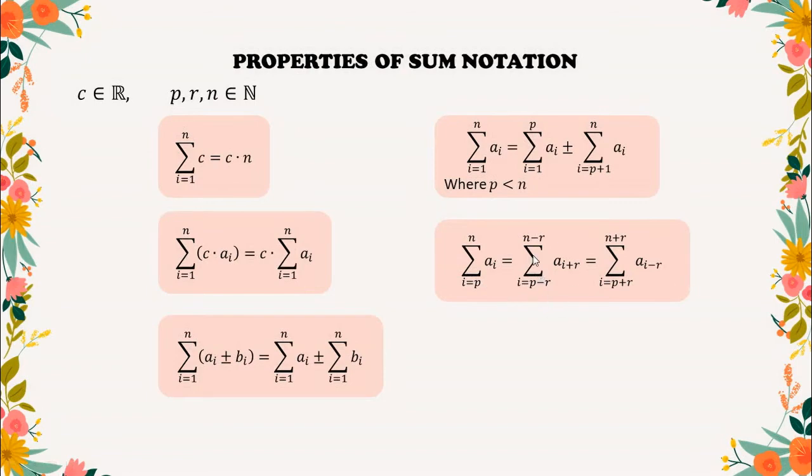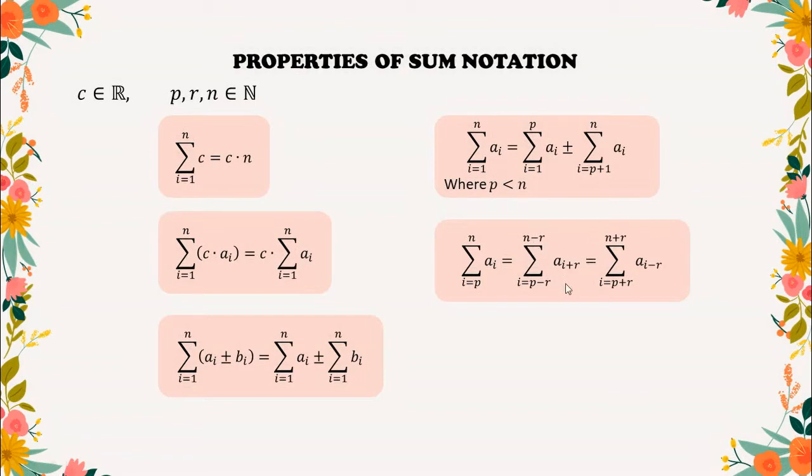So you can change the starting point. Commonly the starting point is 1, but some questions start with something like 100. So if you get 100, you can change that starting point by subtracting from both the lower and the upper limit. If you subtract 99 from the lower, you need to subtract 99 from the upper.